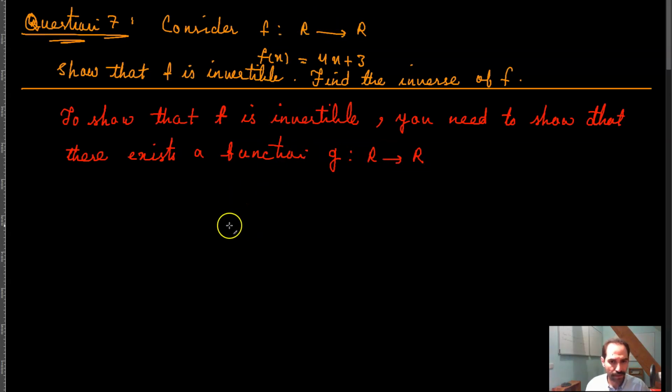Otherwise, if f was, for example, from N to R, then you would get the inverse of that as g from R to N, right?